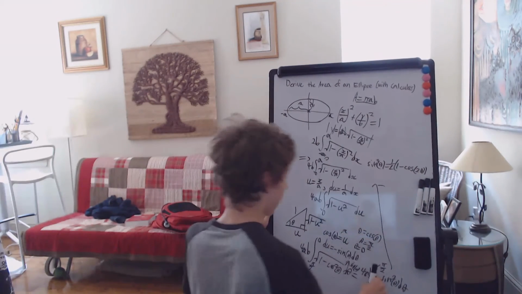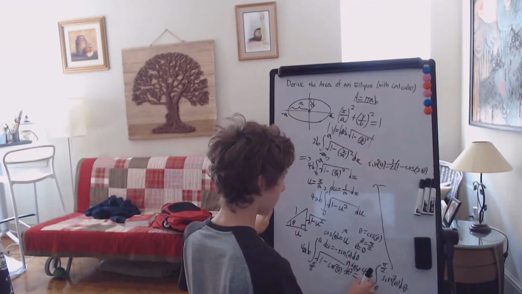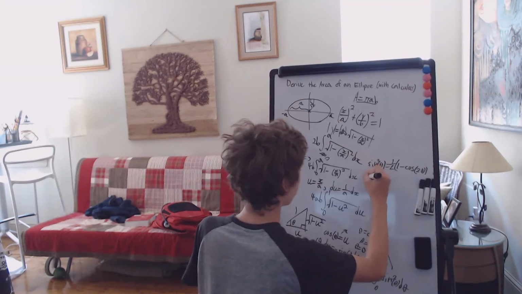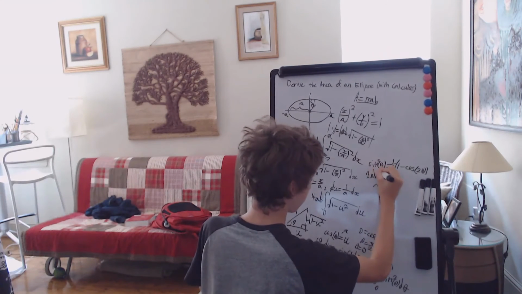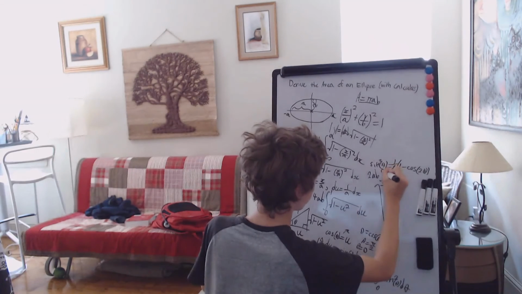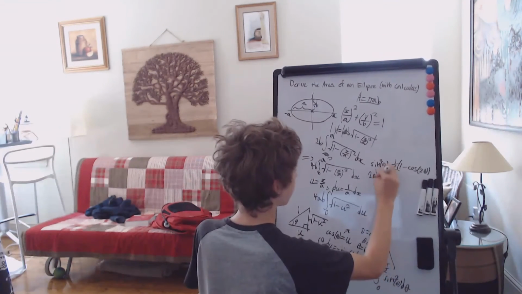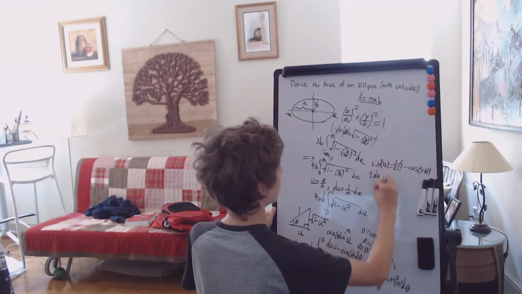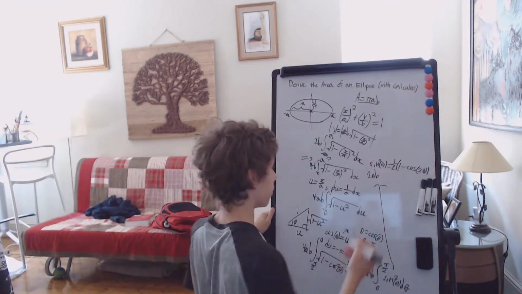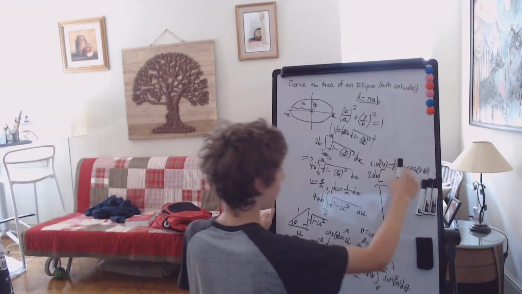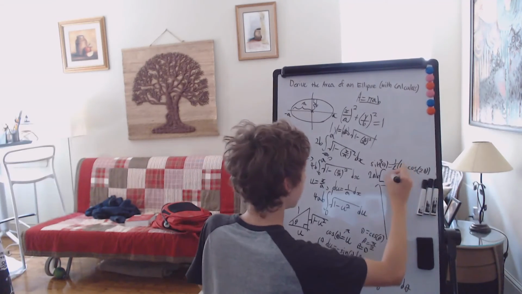Okay, so now we'll also take the 1/2 on the outside, and we'll get 2ab times the integral from 0 to pi over 2. Actually, we'll just directly do the integration, since these two integrals are fairly trivial. So what we'll have is, well, the integral of 1 is just going to be theta.